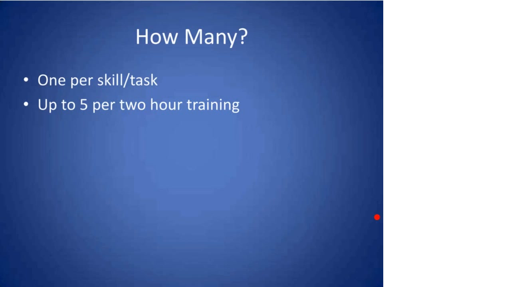Consider if your course runs 2 hours, you could have 1, 2, 3, 4, or 5 objectives for that. Over that, you're a little bit over the top. Maybe you need a second course or a part B or some other way to chunk it for the learner.